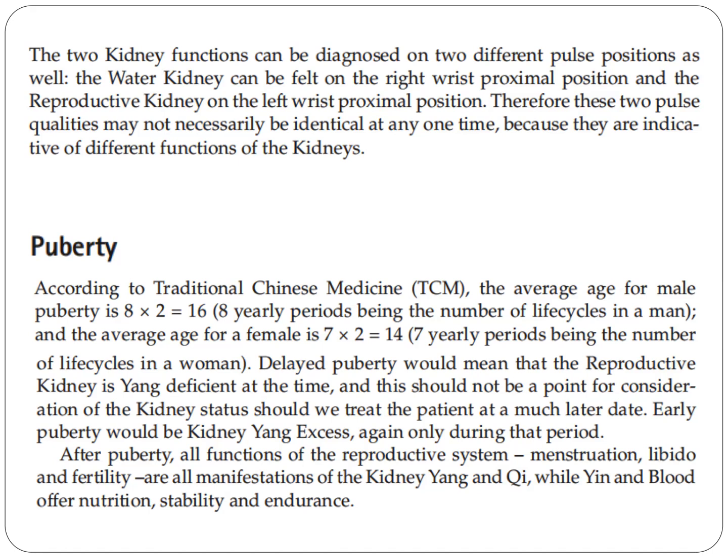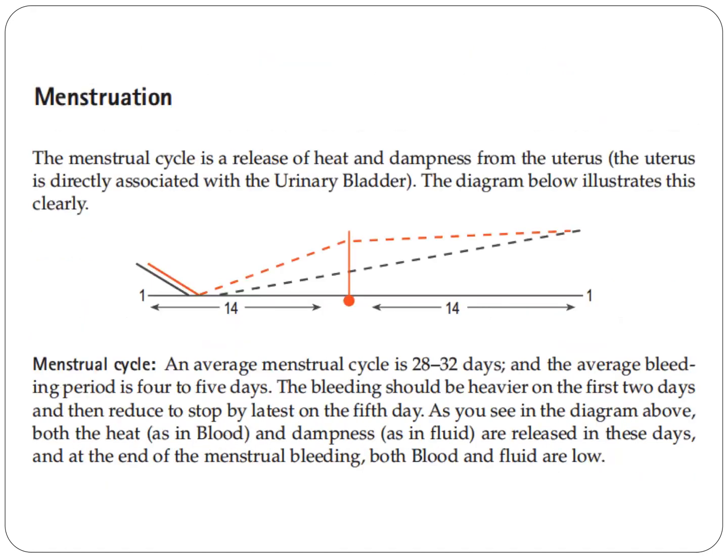After puberty, all functions of the reproductive system like menstruation, libido, and fertility are all manifestations of the kidney yang and qi, while yin and blood often offer nutrition, stability, and endurance.